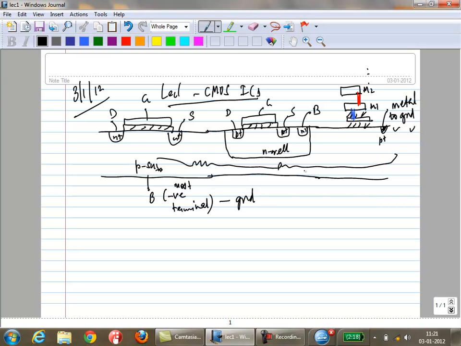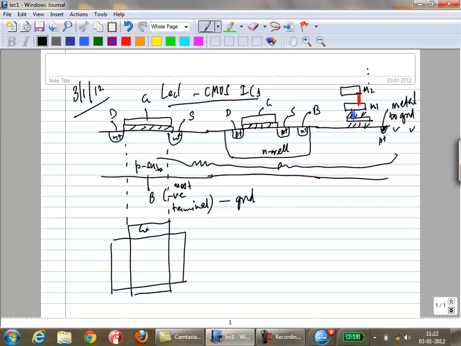And the other thing, if you look at the same transistor in the top view, okay, so this is your gate, this is your drain, this is your source.